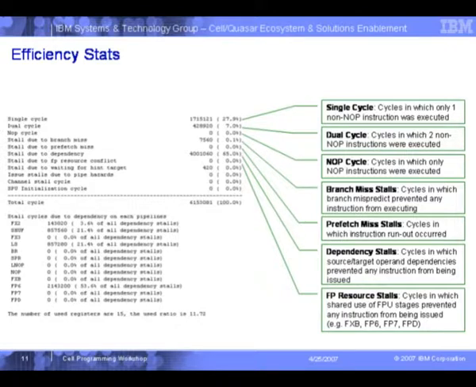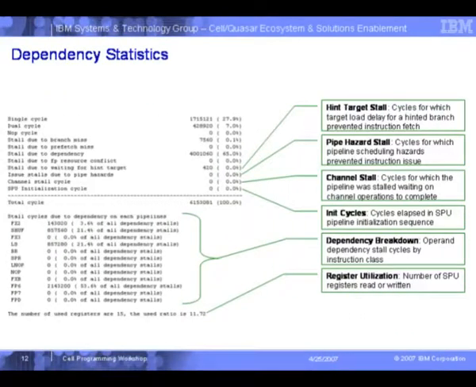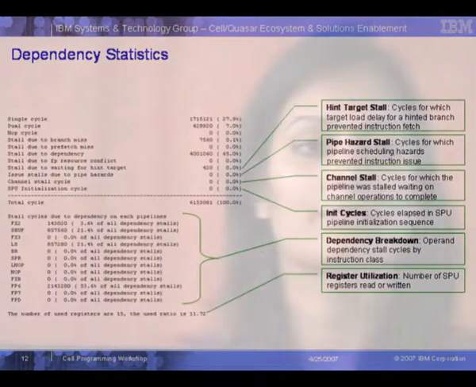Prefetch miss, dependency stalls. If there's any dependency stalls, it will give you a complete list of how many there were. So the point to observe here is dual issue cycles, how many prefetch miss stalls there were, and the most important thing, the dependency stalls.